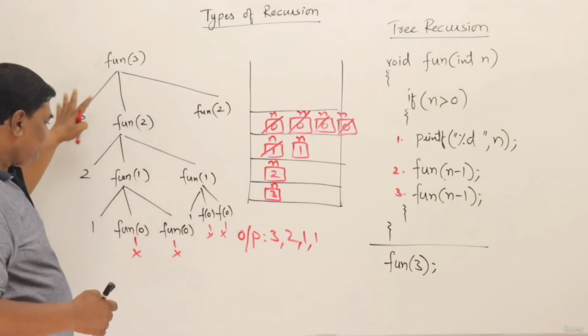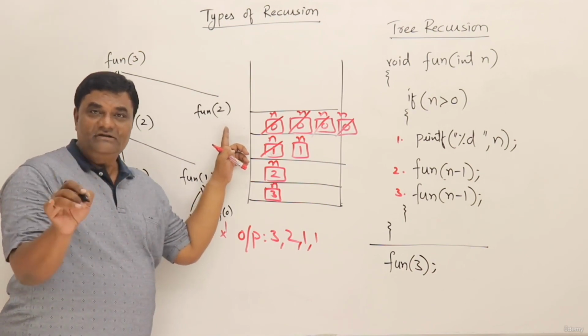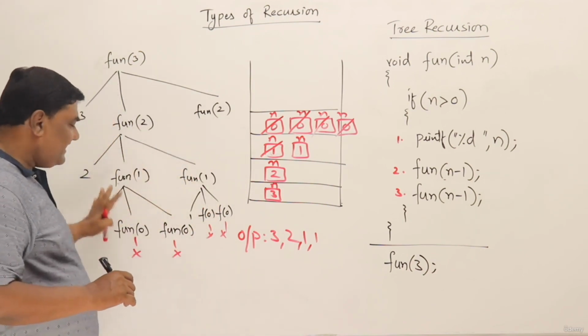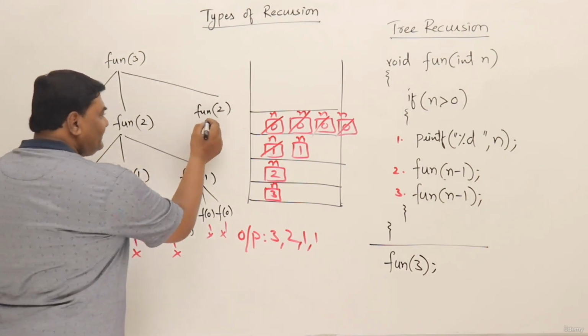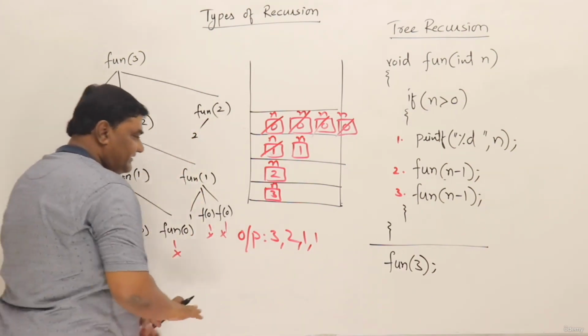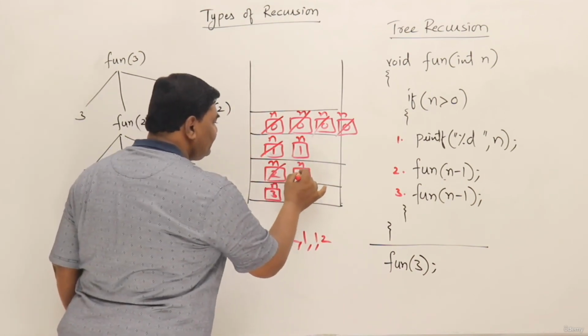I have taken enough space for explaining this one. Now I have to write it in small size, but it will happen as it happened here, so let me finish it quickly. The first thing that happens is value 2 is printed. And here an activation record is created.